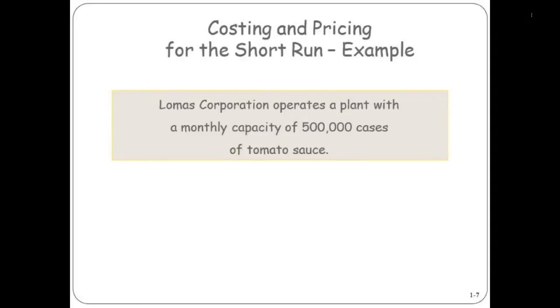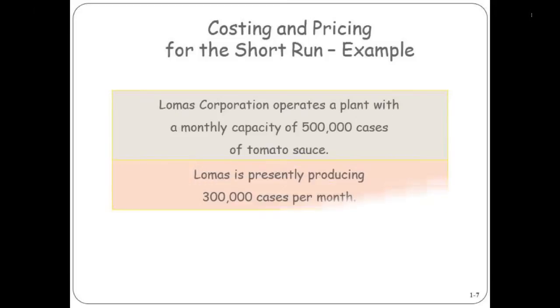Got an example. You produce tomato sauce, and you produce 500,000 cases a month. Well, you have the capacity to produce 500,000 cases a month. You're well below capacity at 300,000 cases.